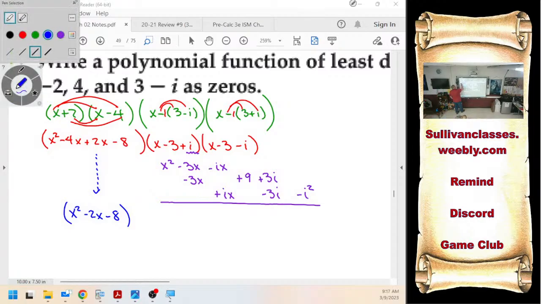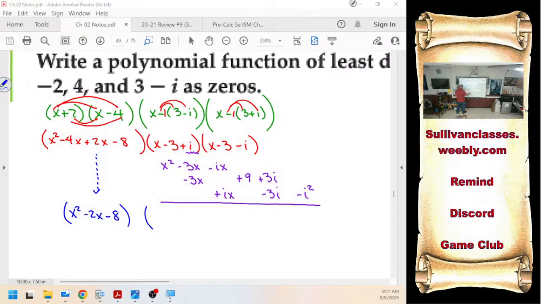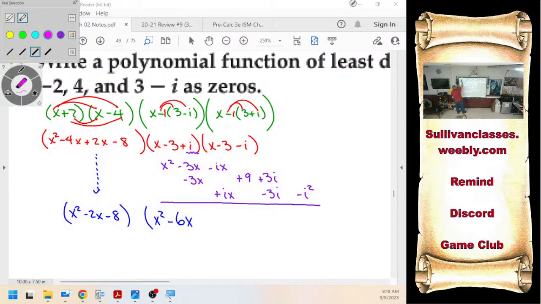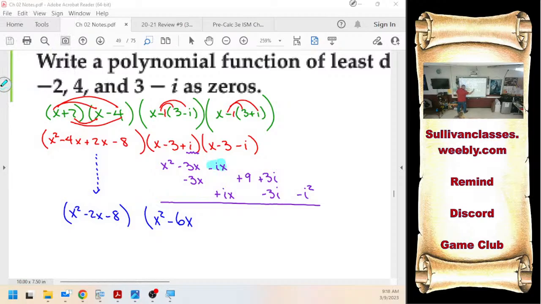But look at what you get at the end. I get an x squared here. I get 2 of these terms, negative 6x, and these 2 are always going to cancel out.